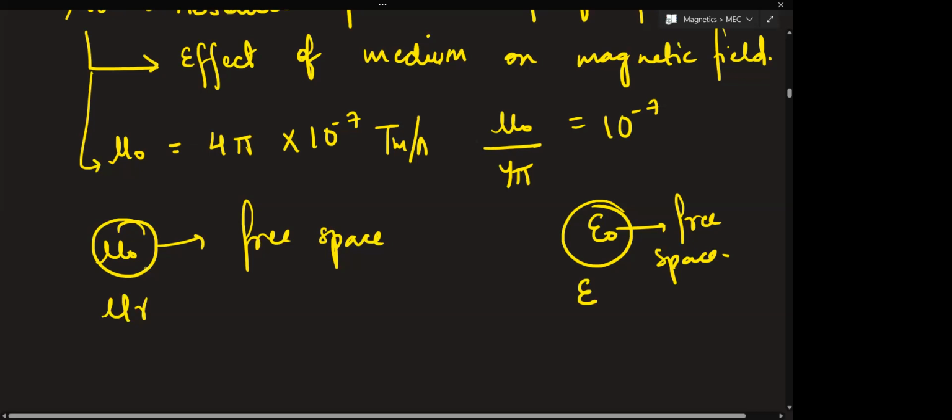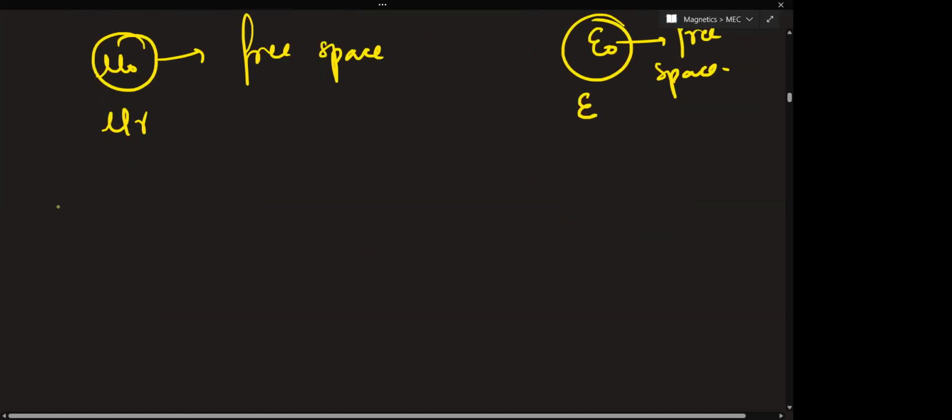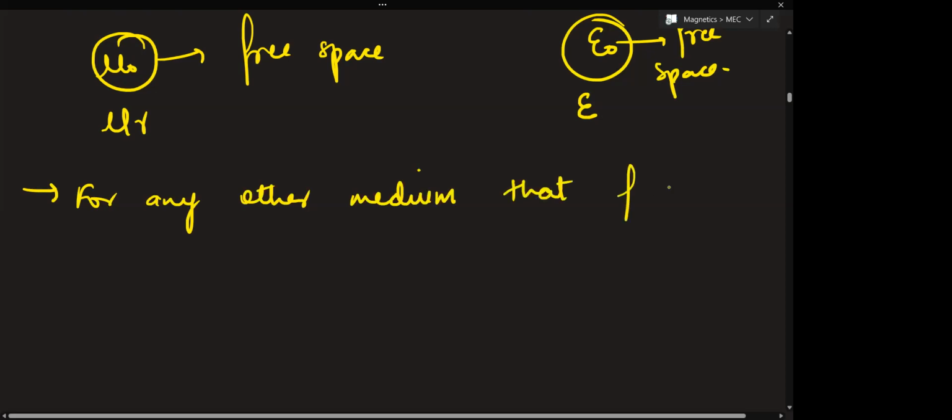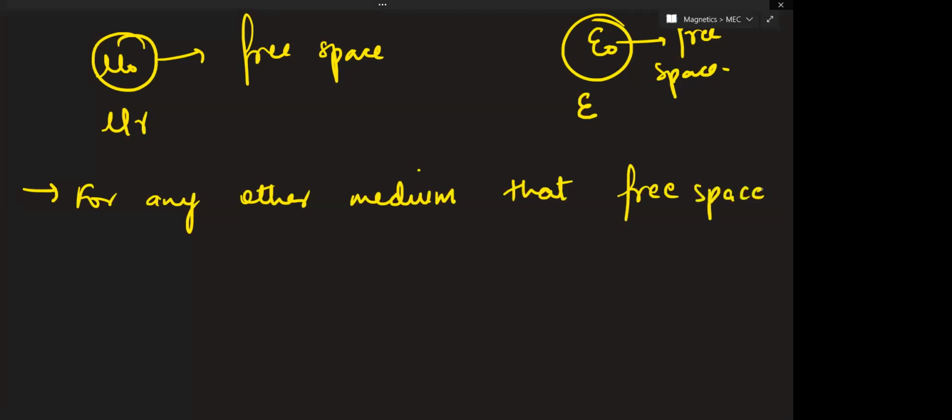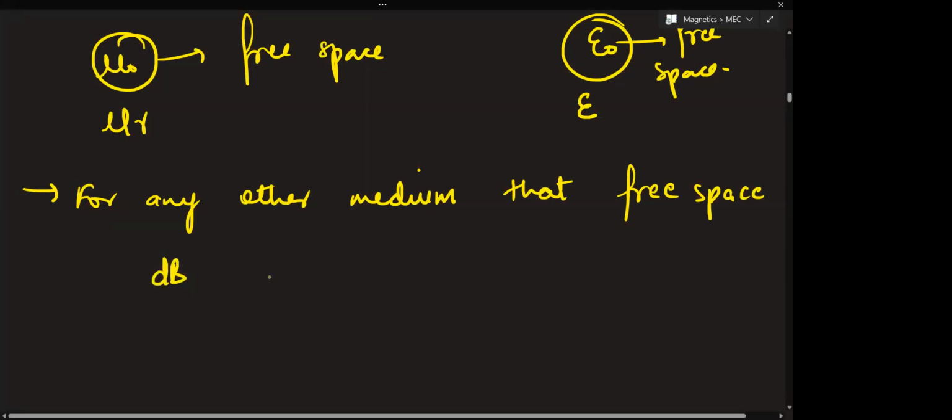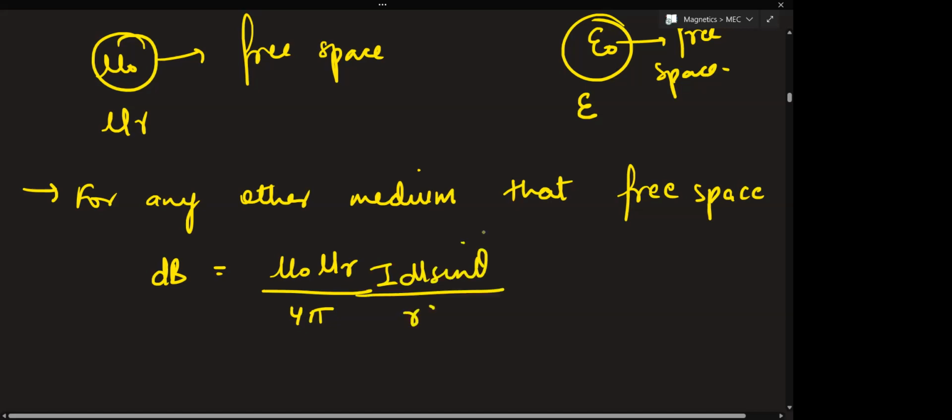So for any other medium than free space, dB will be written as mu naught multiplied by mu r, then the rest of the things: 4 pi, I dl sine theta divided by r squared.